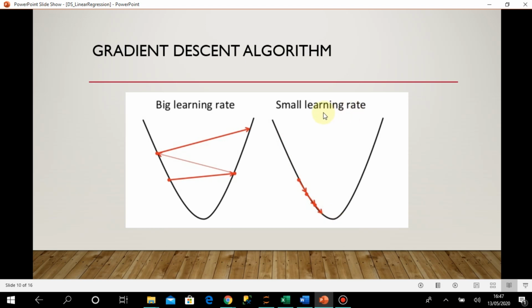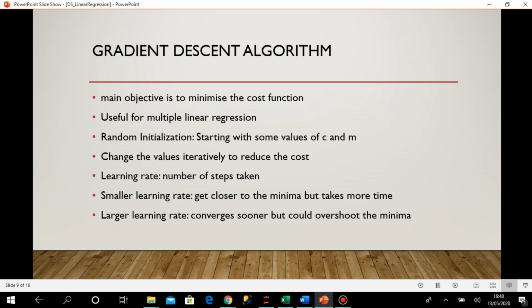There is a term called learning rate. What is that? Learning rate is how you are changing the values of m and b. Here we start with random initialization. Random initialization means we give some value to the bias and the coefficient, the intercept and slope, whatever term you say.